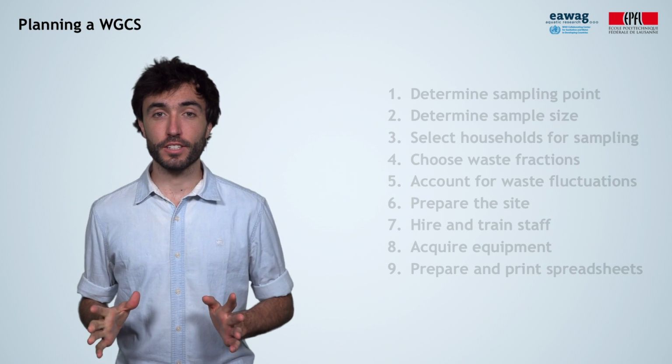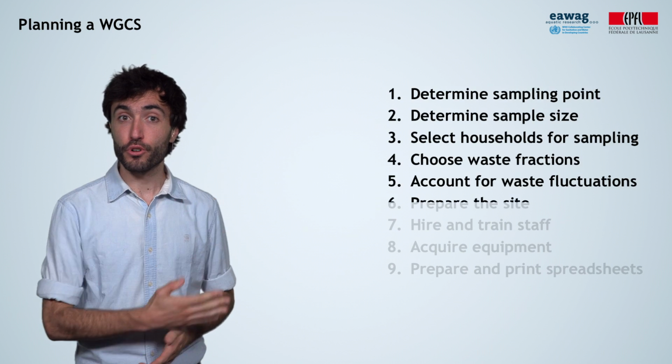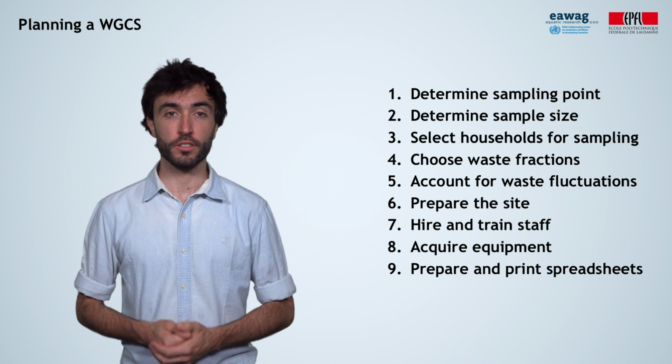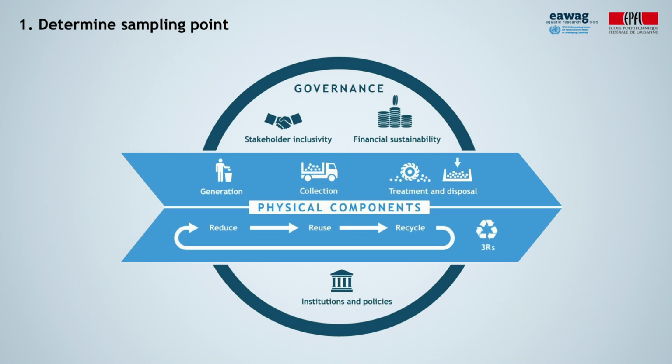In the coming slides, we will explain 9 important aspects that need to be considered before conducting a waste audit. When planning a waste generation characterization study, the first thing you need to think of is where you will collect your waste from. Waste quantities can be measured at a number of different points within the waste value chain, from generation to disposal, as shown in this illustration.